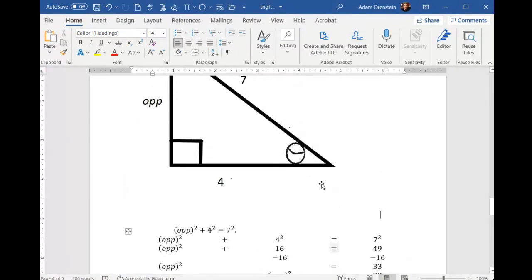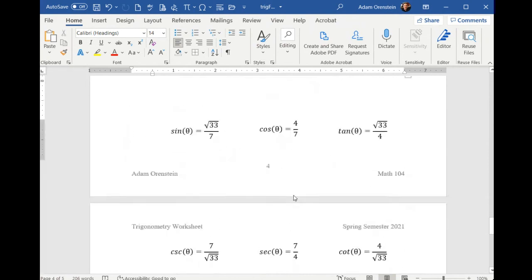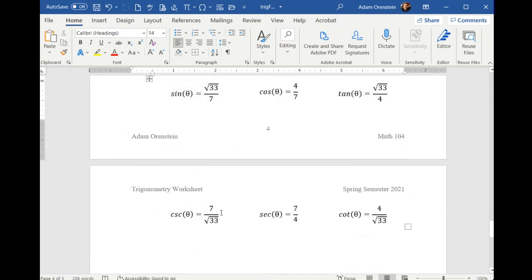And really that's the hard part, because now we can get the other trig functions. Sine of theta is opposite over hypotenuse, OPP over 7, and OPP is radical 33. Sine of theta is radical 33 divided by 7. Cosecant of theta is 1 over sine, so you flip it and get 7 over radical 33.